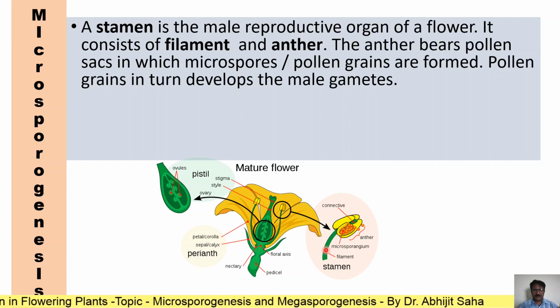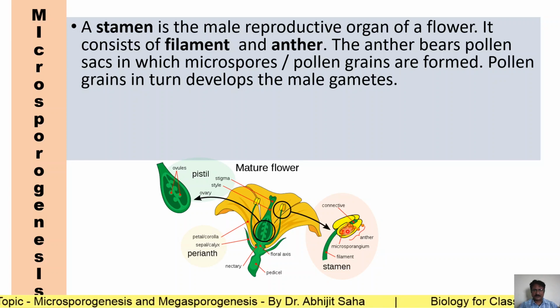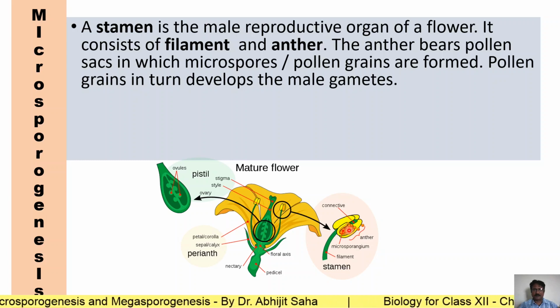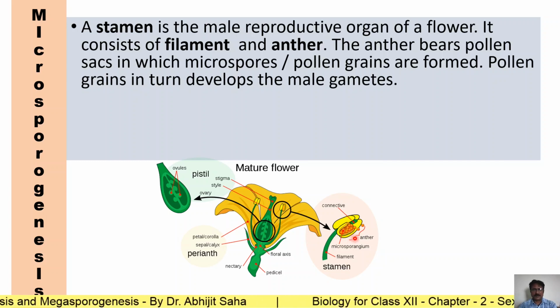It consists of a filament. This green structure is the filament, and this one is the anther. The anther bears pollen sacs, or microsporangia, in which pollen grains are formed. These pollen grains later develop into the male gametes.